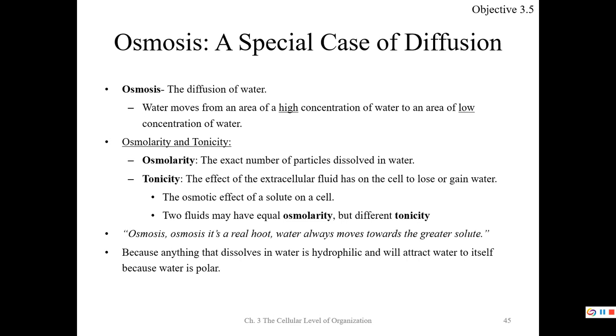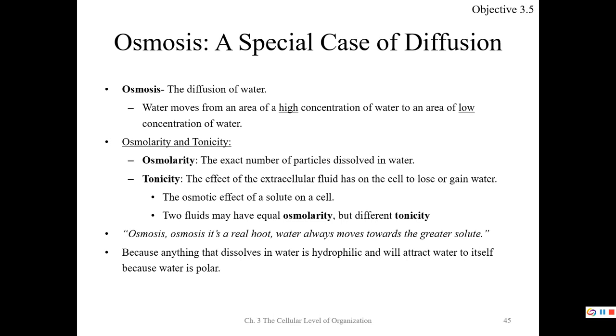Now, osmolarity. That is the number of particles dissolved in water. That's how many particles we got. Tonicity is the effect that that has on the ability of a cell to lose or gain water. It's the osmotic effect of a solute on the cell. Now, you can have two fluids with the same osmolarity but different tonicities.